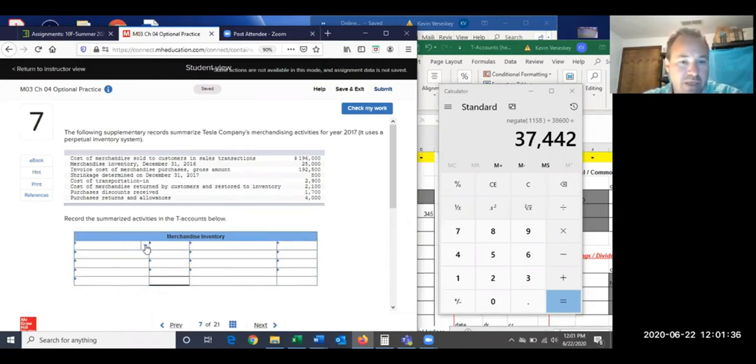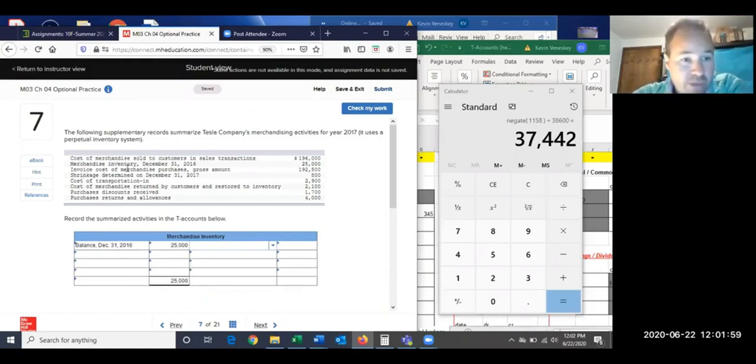We always want to start with beginning. And it tells us here that the beginning inventory at the end of last year, 2016, was 25 grand. This cost of merchandise sold is probably actually going to be our last entry, so I'll come back to that.